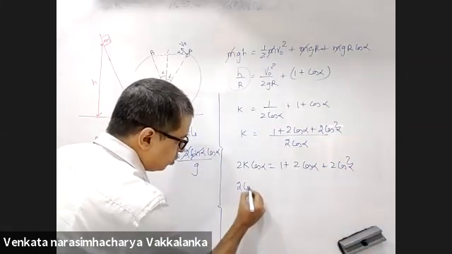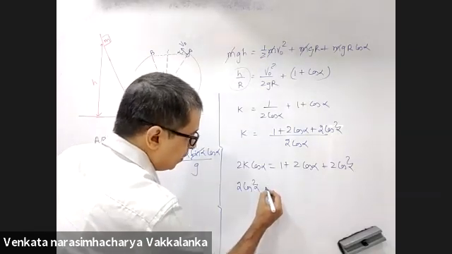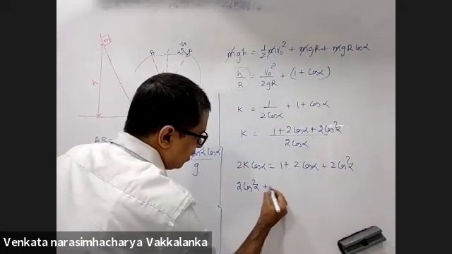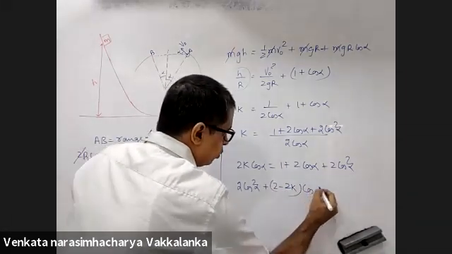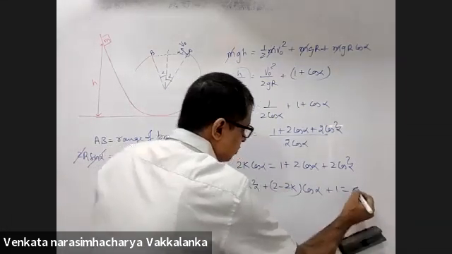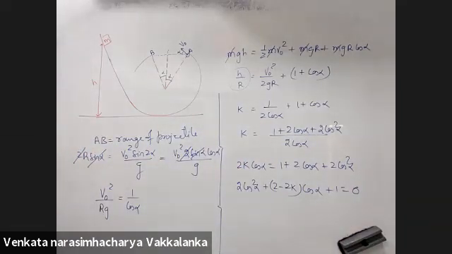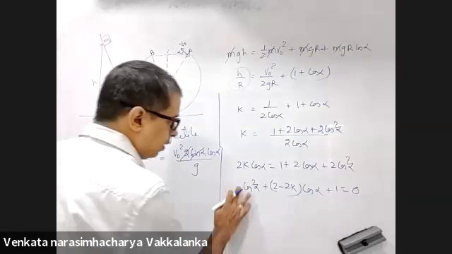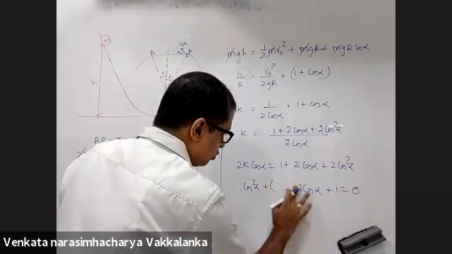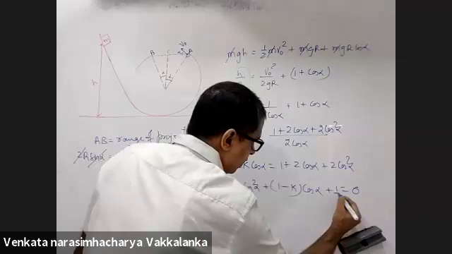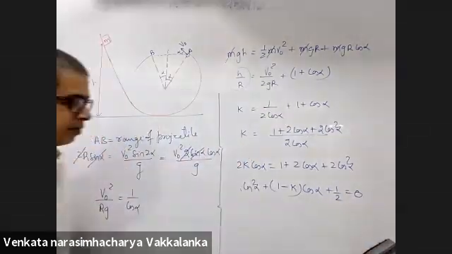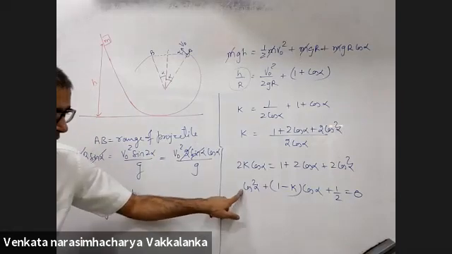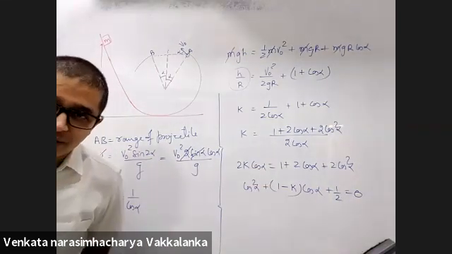I'll write this as 2 cos square alpha, take this to the left: 2 minus 2k into cos alpha plus 1 is 0. Is my simplification okay? Yes, sir. Remove this 2, make this 1 minus k and make this half. It will be easier to handle. What am I trying to show you? A quadratic equation.